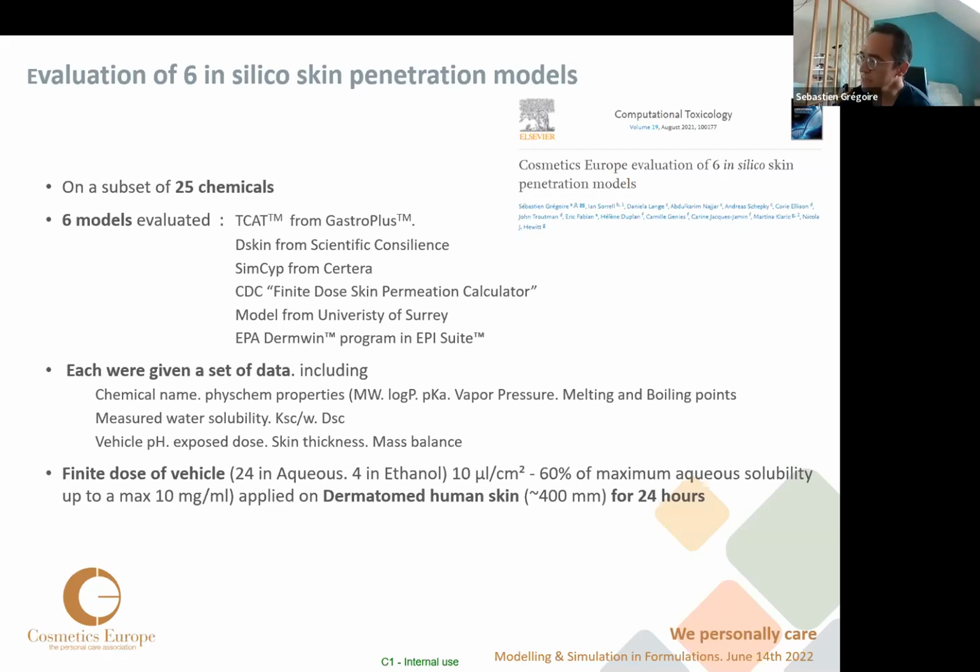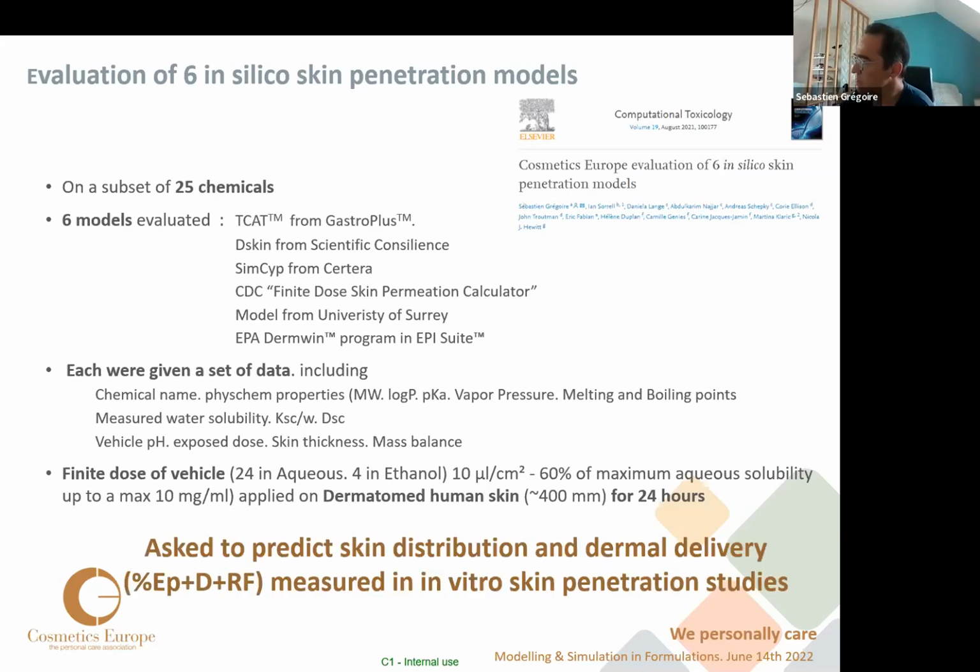Over the 6 models, one was discarded because the model was able to predict only the permeability coefficient. And we were interested in the amount of chemicals that is able to enter the skin and to reach the viable part of the skin, meaning the epidermis, dermis, and receptor fluid. So all of the rest of the evaluation was done only on 5 different models.